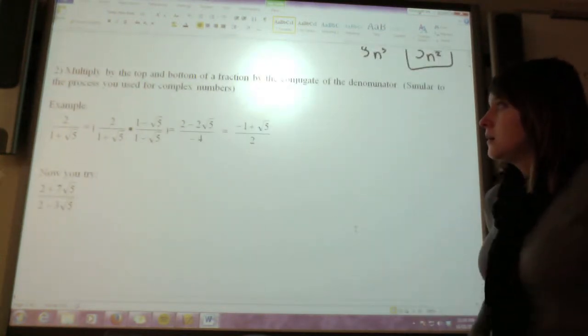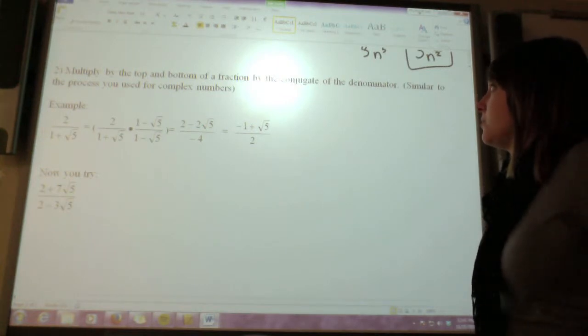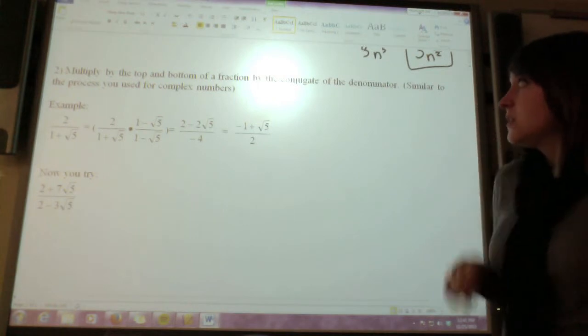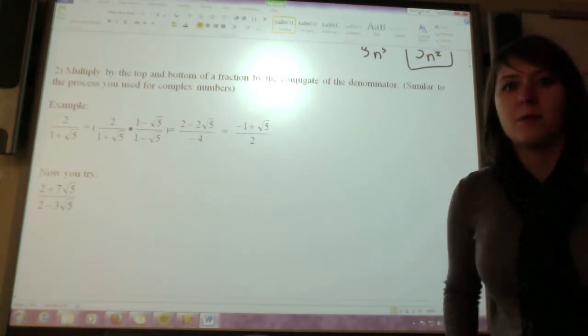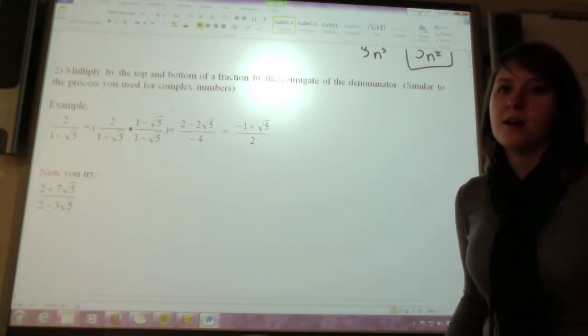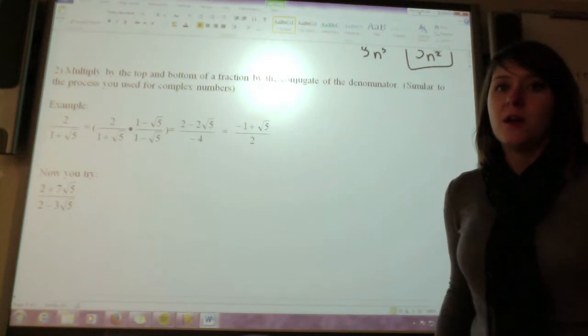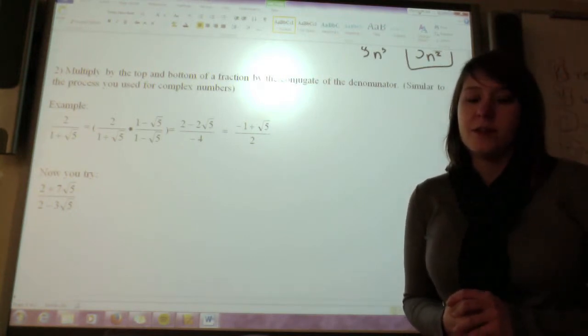All right. We also can multiply the top and bottom of a fraction by the conjugate of the denominator, similar to the process used for complex numbers. So remember back in chapter 6 when we were dealing with imaginary numbers, and we talked about how to divide complex numbers. Well, we multiplied by the complex conjugate of the denominator.